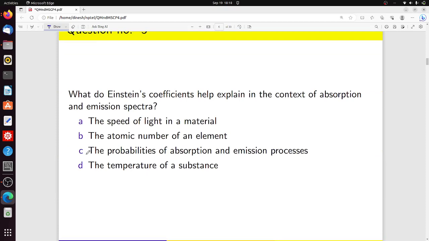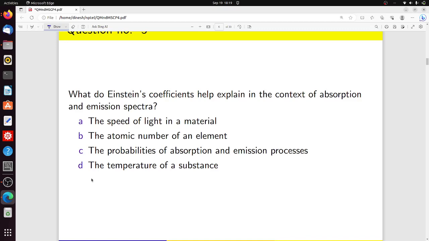Okay, coming to the next question. What do Einstein coefficients help explain in the context of absorption and emission spectra? Option C, sir.